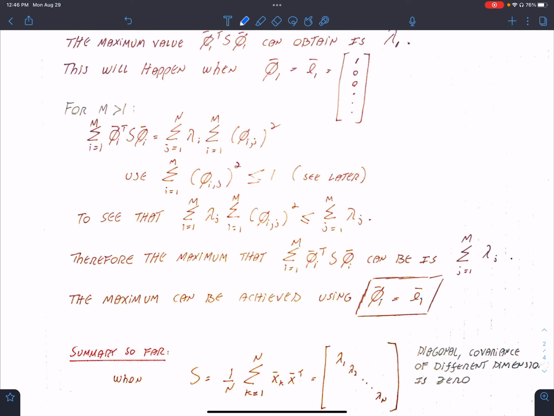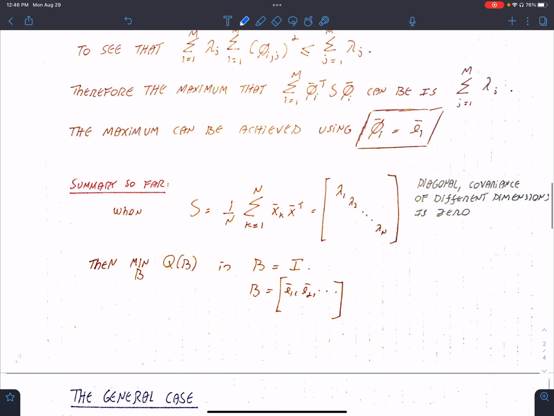To summarize what we have done so far, we looked at the PCA problem for when the sample covariance matrix is diagonal, which means in this application that across dimensions the covariance, or the correlation, is 0. Then minimizing the sum of squared errors between the model and the data under the assumption that B is orthonormal, the solution will be given by B equals the identity.